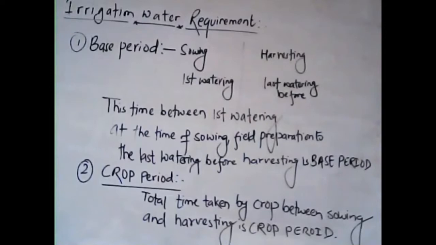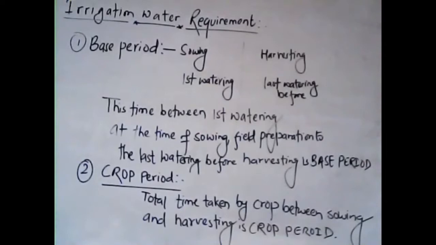In the irrigation field, you make the land preparation first, and after making land preparation, you apply the seeds in your field, and the seeds take certain time to grow into a young plant, and eventually it will go up to the mature period.